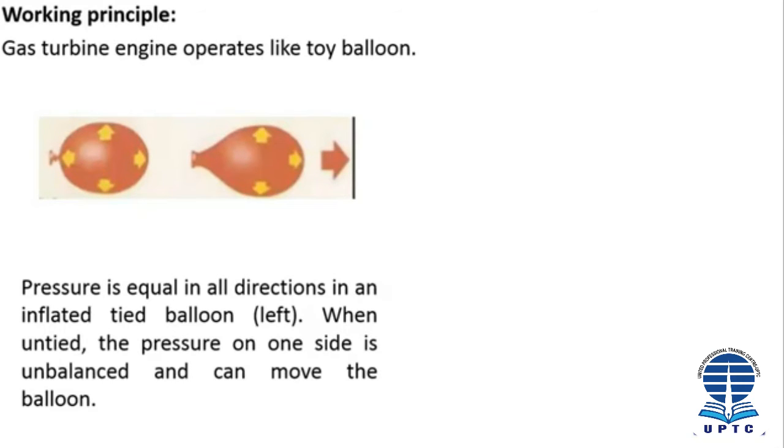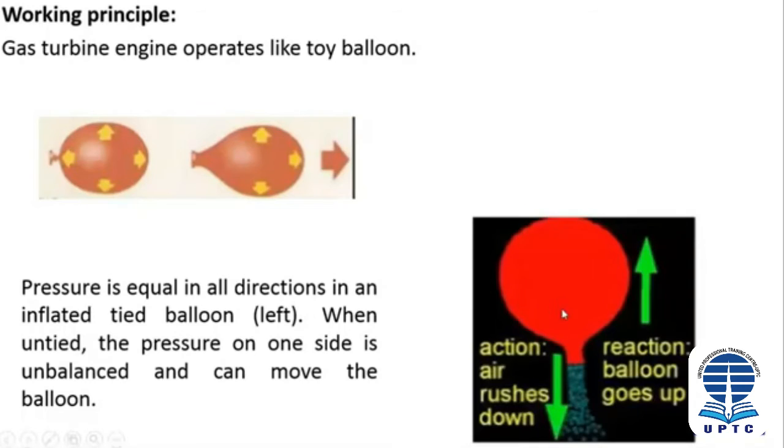The reaction to this action causes the balloon to go up or to move forward. As you can see here, air is rushing down from the balloon, and this causes the balloon to go up. So this is the principle which is basically followed by the gas turbine engine to produce thrust.